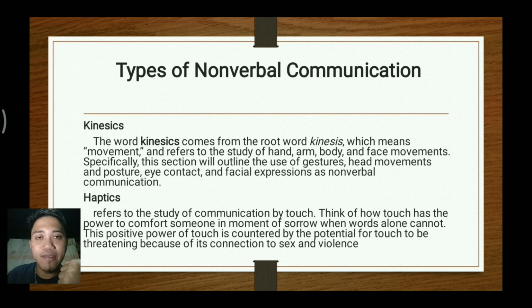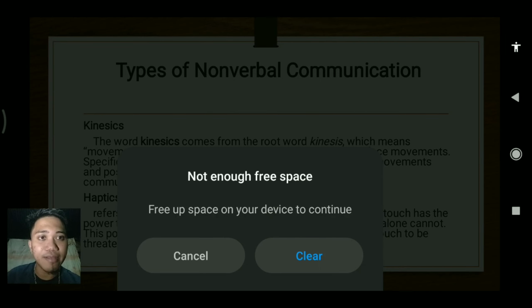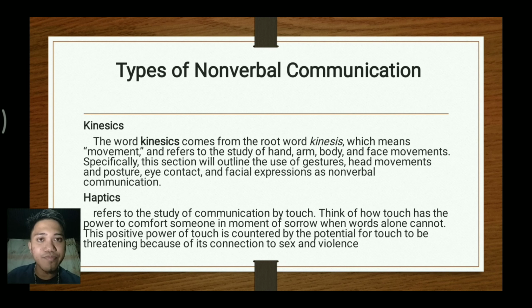It is a very crucial type of communication because you will be charged as violent or sexually abusive if you do not execute it properly. Okay, let's proceed.